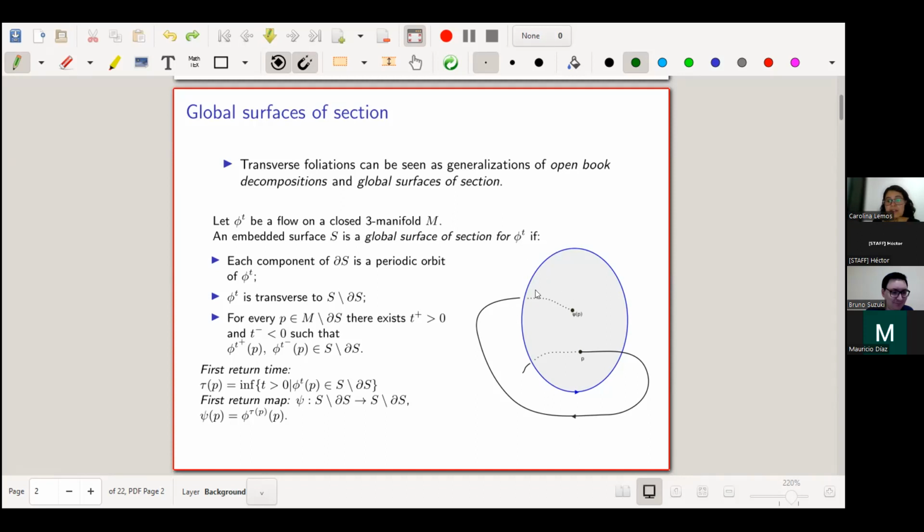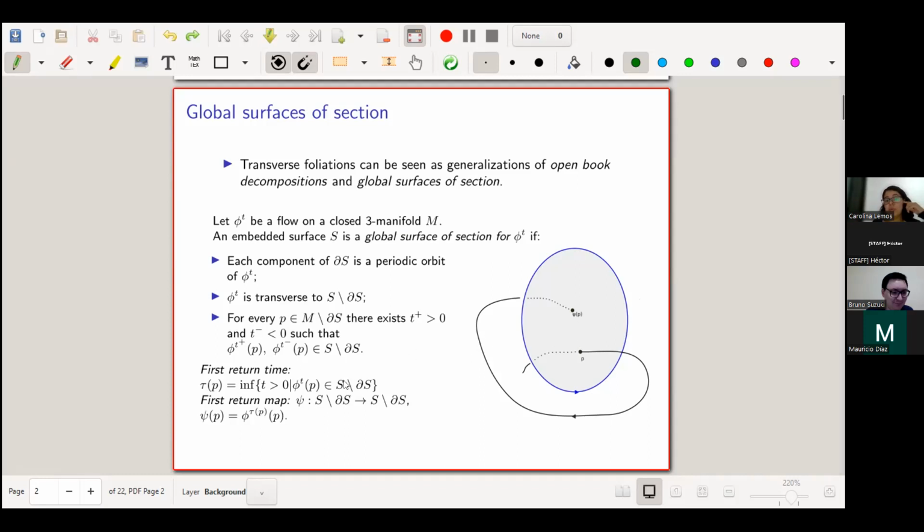The interior of this surface is transverse to the flow, and all the orbits of the flow intersect it. If you take any point in your three-manifold, the orbit passing through this point will intersect this surface infinitely many times, both in the future and in the past.